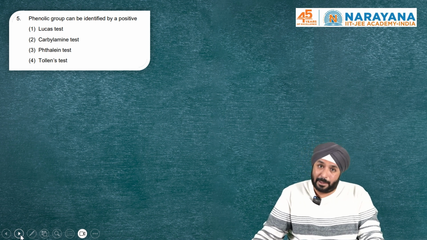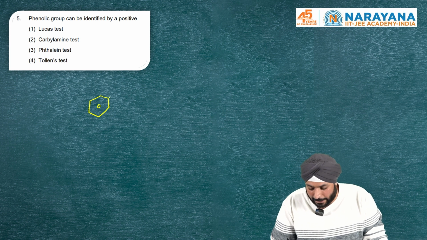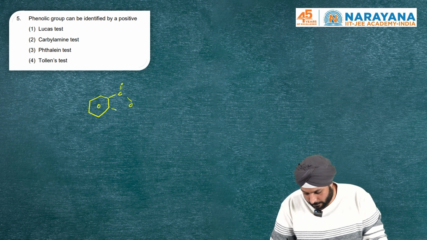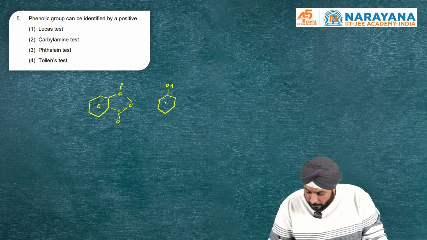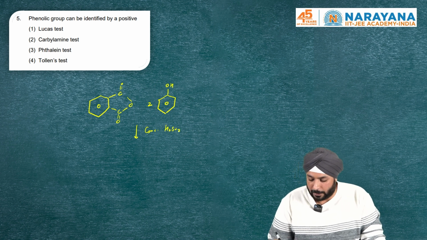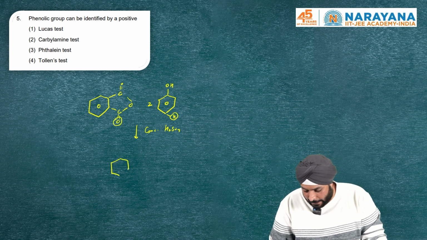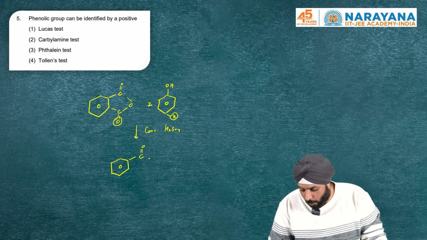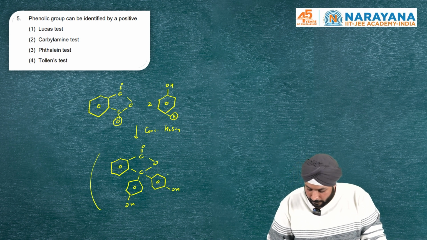Carbylamine test is for amines, and Thalein test, yes, when you react phthalic anhydride with phenol in the presence of concentrated H2SO4, a condensation reaction takes place, and it forms phenolphthalein.